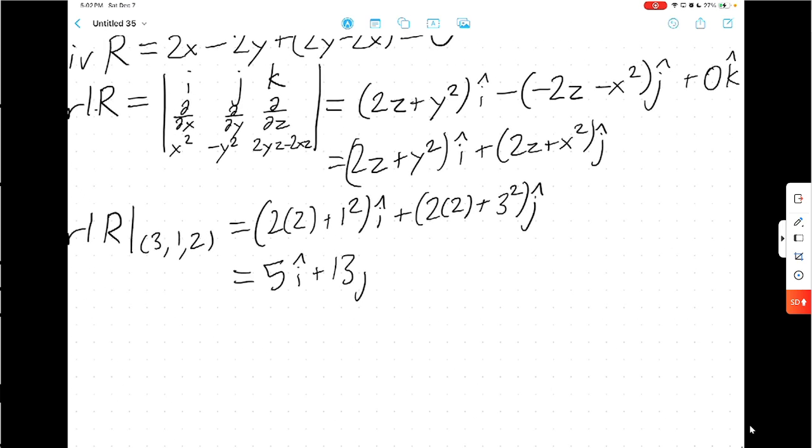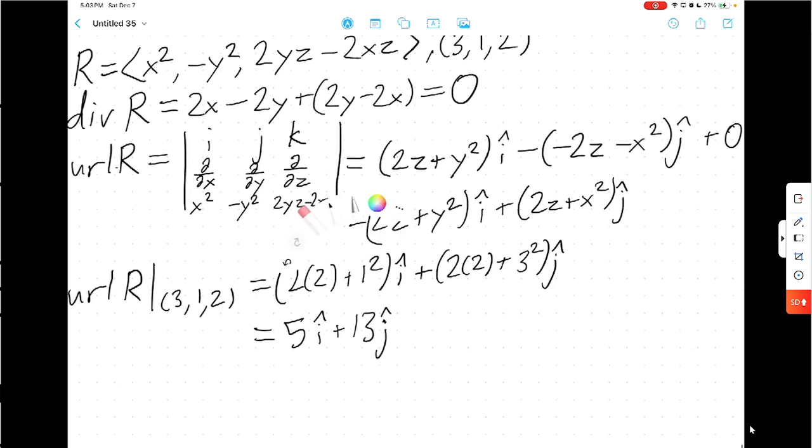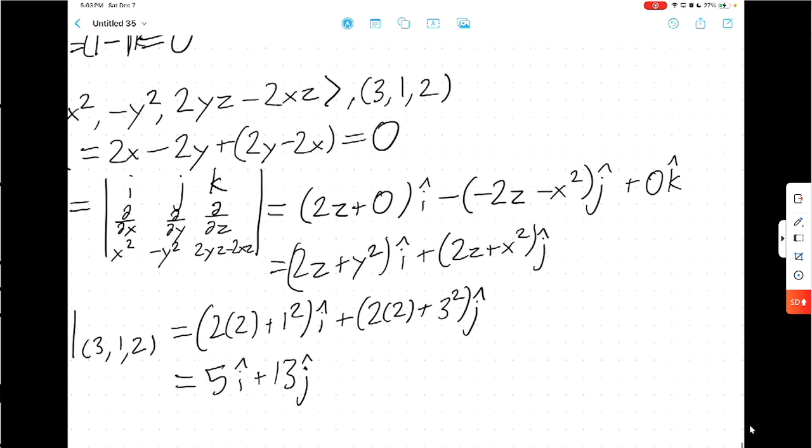Where did the y squared come from in the i component? Oh, that should be a 0. That should be a 0. And the other one should also be 0, so this should be entirely just 4i plus 4j plus 0j.